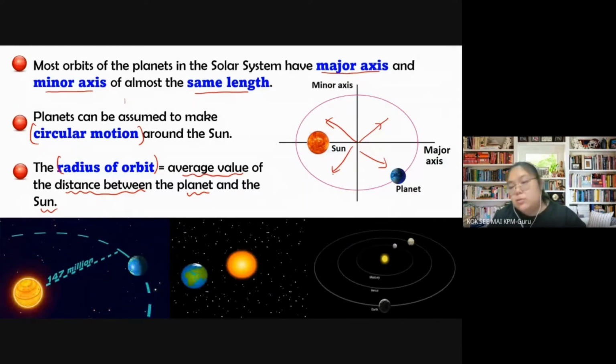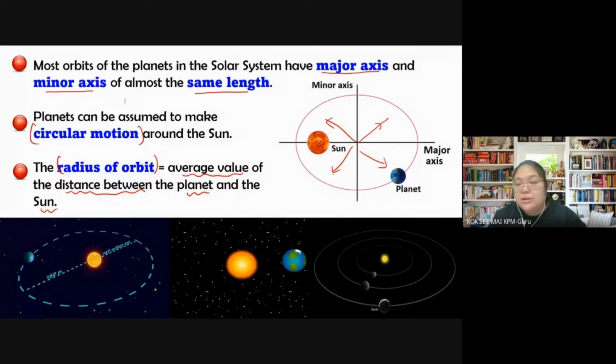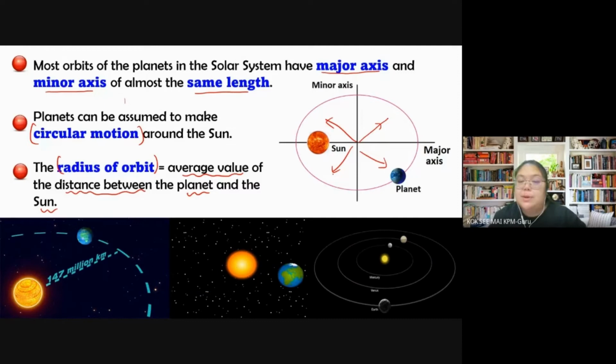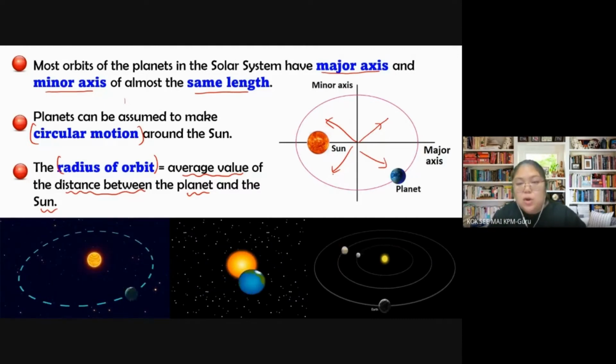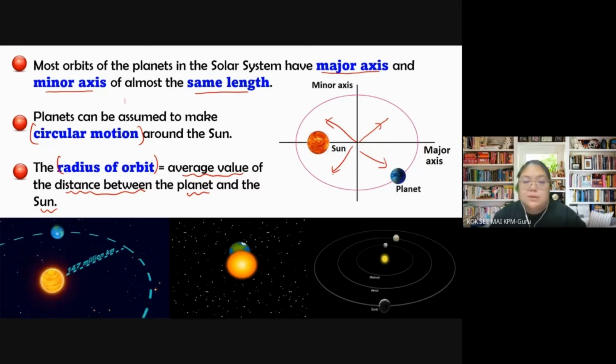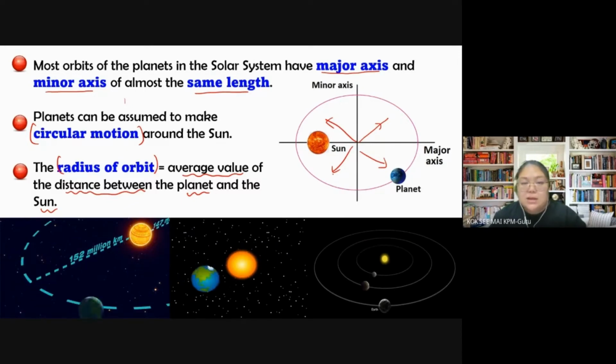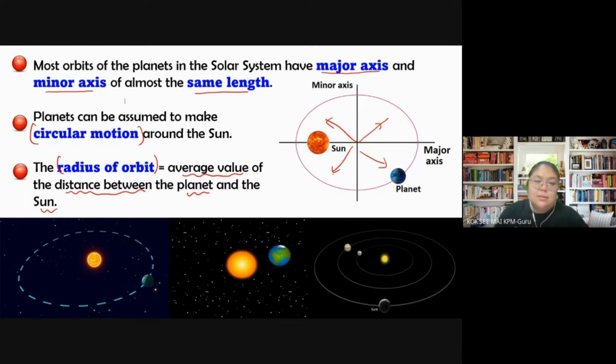So for all the planets, the radius should be the same, and for every part also the same. So this is Kepler's first law. They're just talking about the law of orbits, how the planet orbits the sun.